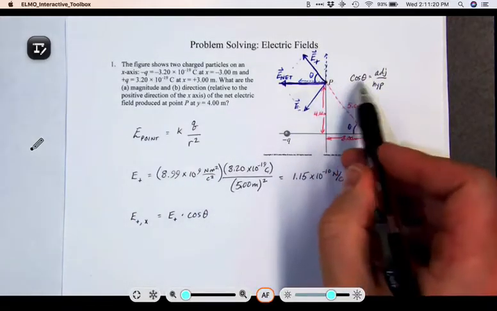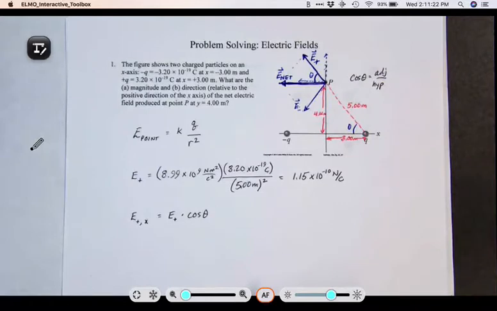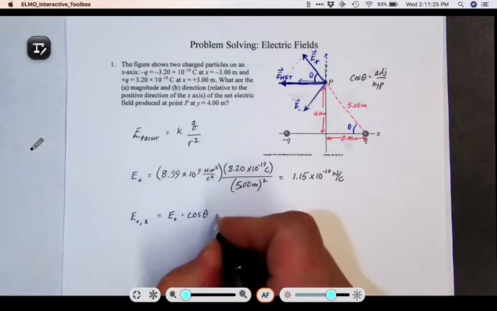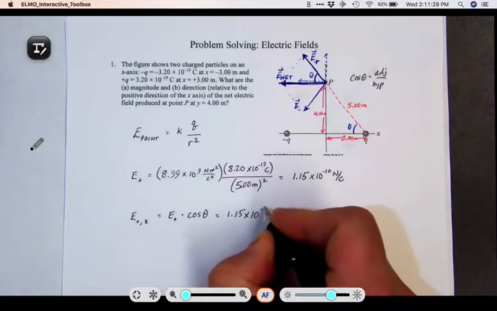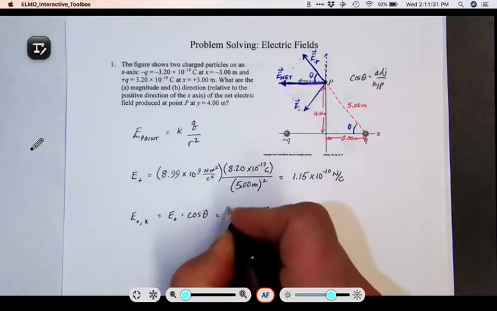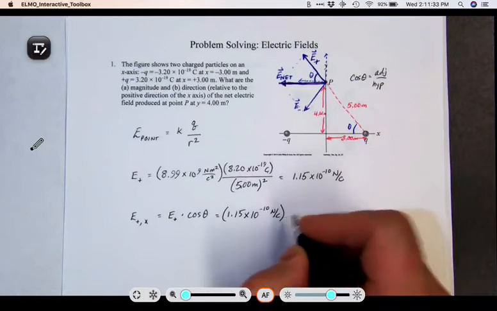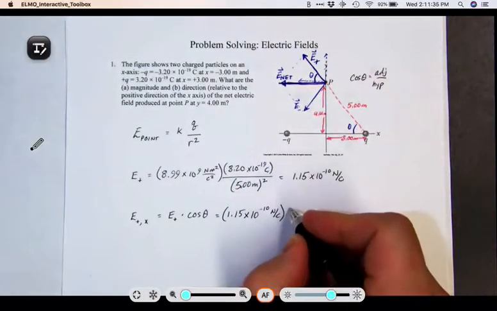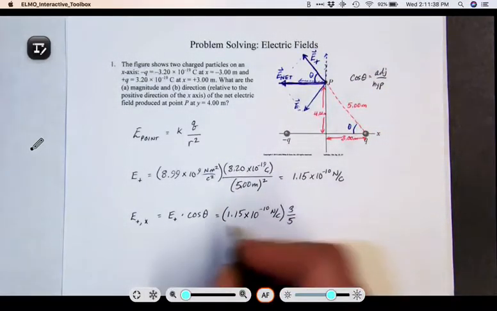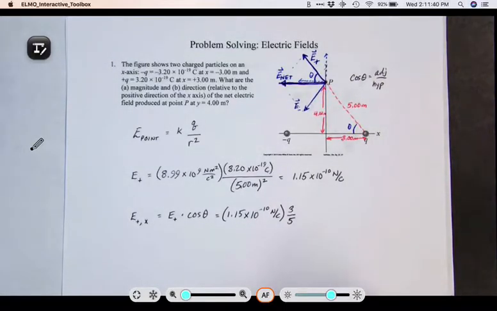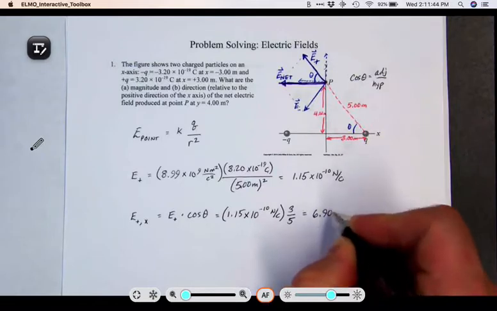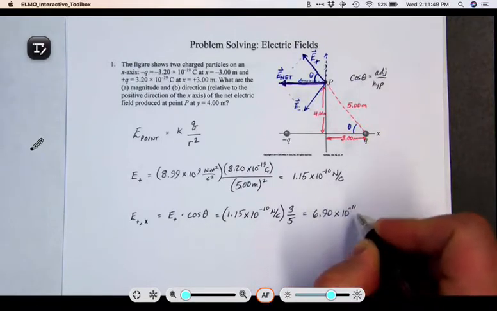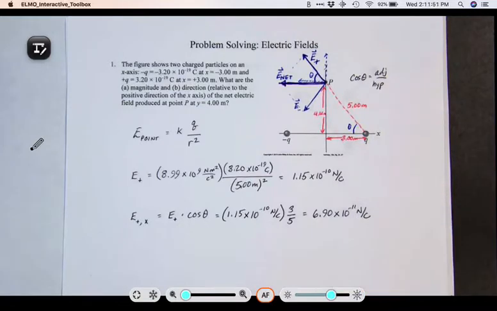But the cosine of theta is just 3 over 5 in this case, so that's a little bit less work to do. 1.15 times 10 to the negative 10 newtons per coulomb. That's the magnitude of the electric field overall from that positive charge, times 3 over 5. That's the cosine of the angle of that particular triangle, yields an electric field of 6.9 times 10 to the negative 11 newtons per coulomb.